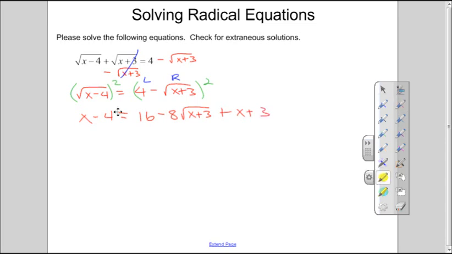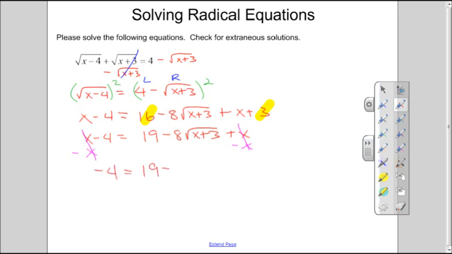Okay? So now I'm going to just do a quick combine like terms. Take my time so I don't make a mistake. I've got 19 minus 8 times square root of x plus 3 plus x. And then I'm going to subtract x from both sides, which is really nice here because it will cancel both those terms. Get negative 4 equals 19 minus 8 times the square root of x plus 3.